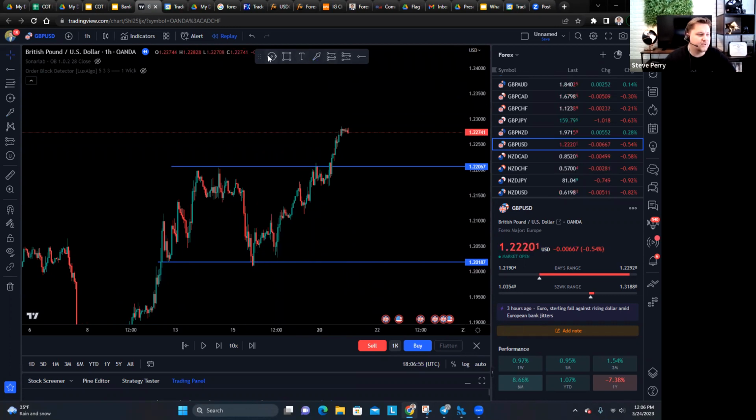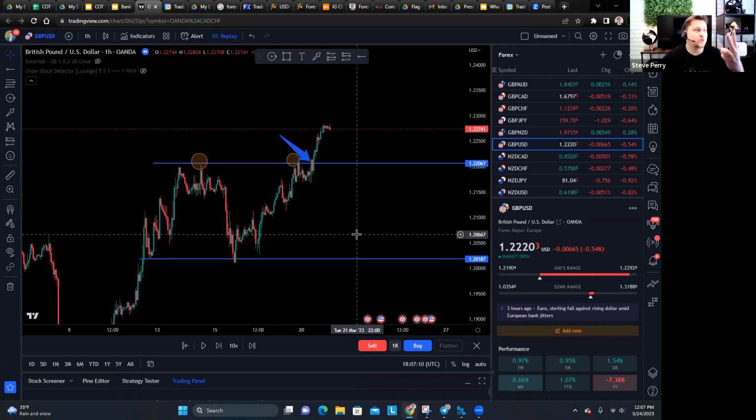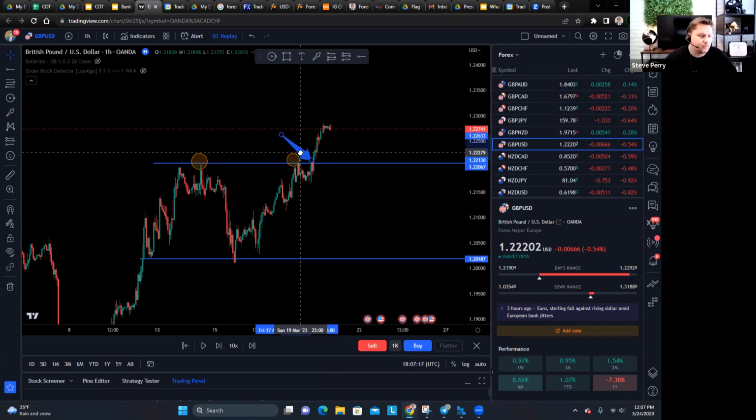So this is the structure. You can definitely see this is the structure. It respected that structure right here as well, but it ultimately broke right here. Okay, that's where structure broke, right? So that's step two. Step three is to find the liquidity or the mechanism that created the break of structure.